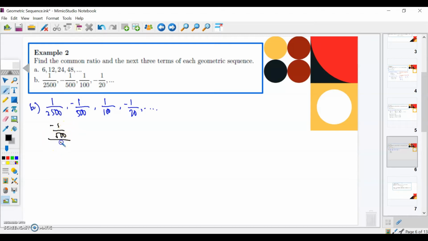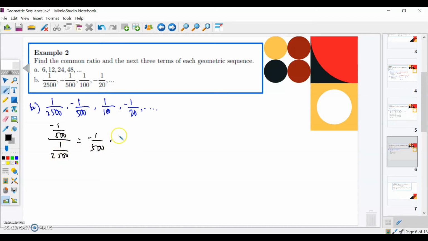by 1 over 2,500. Since we have a fraction divided by another fraction, as we all know, in simplifying this, we will have negative 1 over 500 multiplied by the reciprocal of the fraction in our denominator.